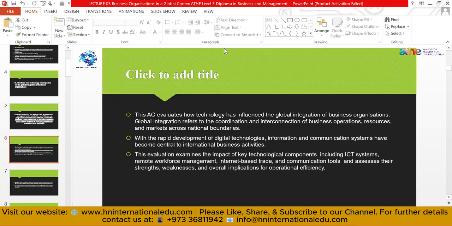Remote working itself is not a single entity. We have different kinds of remote working. And I think we did this in another course or maybe in this course. Internet-based trade, that is e-trade, and communication tools, and assesses their strengths, weaknesses, and overall implications for operational efficiency. The main thing is that the daily activities are going on smoothly.